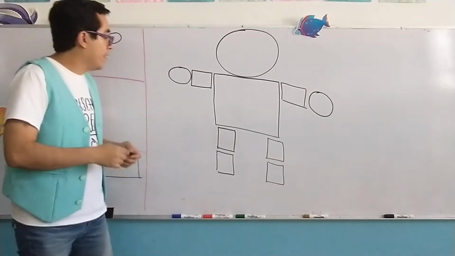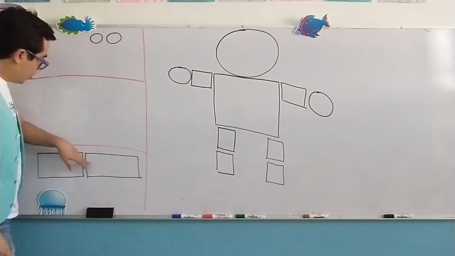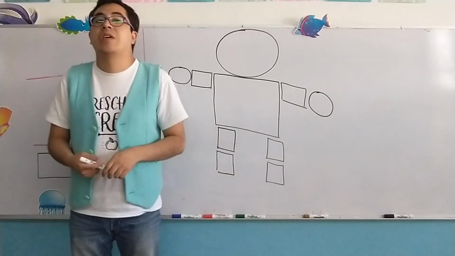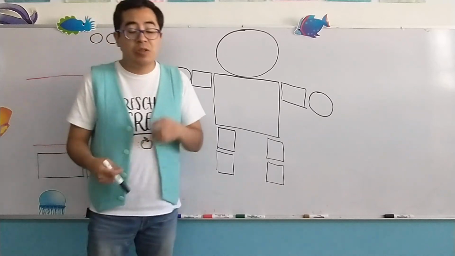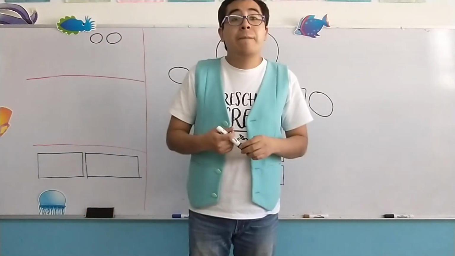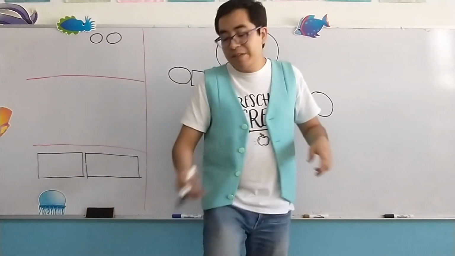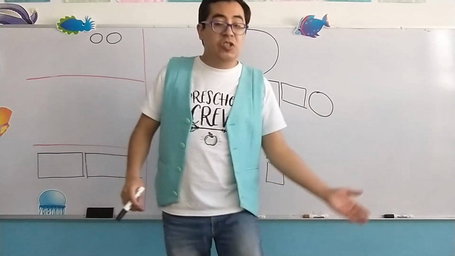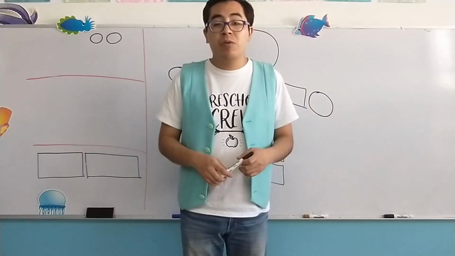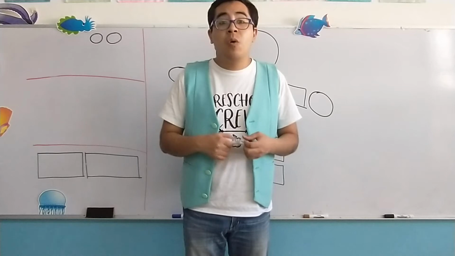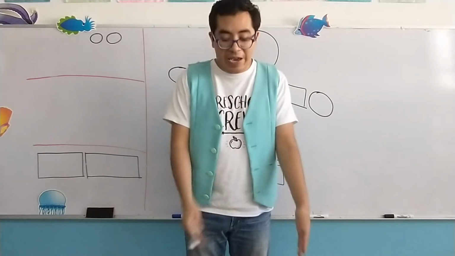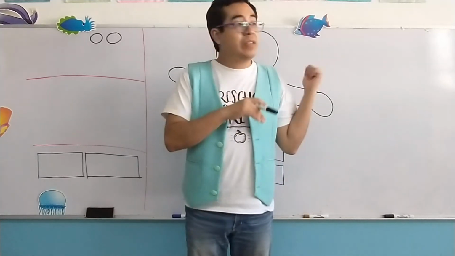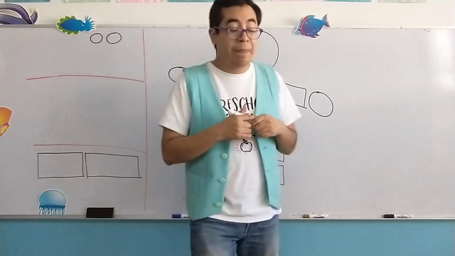Now, what's missing? Okay, so we have two rectangles. Now, those rectangles, we are going to use them as the feet of the person. Esos rectángulos los vamos a utilizar como los pies de esta persona, this person that we are building.